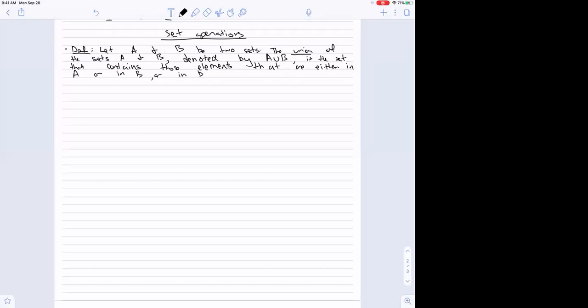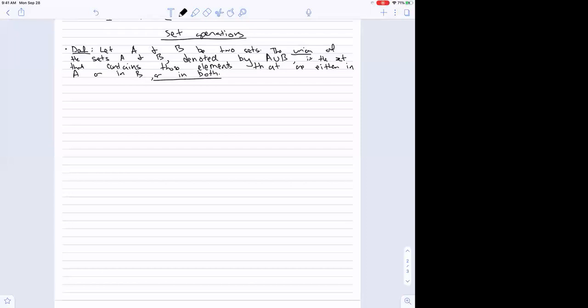I don't know if this is necessary to say because "or" is supposed to include both, but I'll just write this so that nobody forgets this case. So a union of A and B is basically you take all the elements of A and all the elements of B and you put them together in one bigger set.